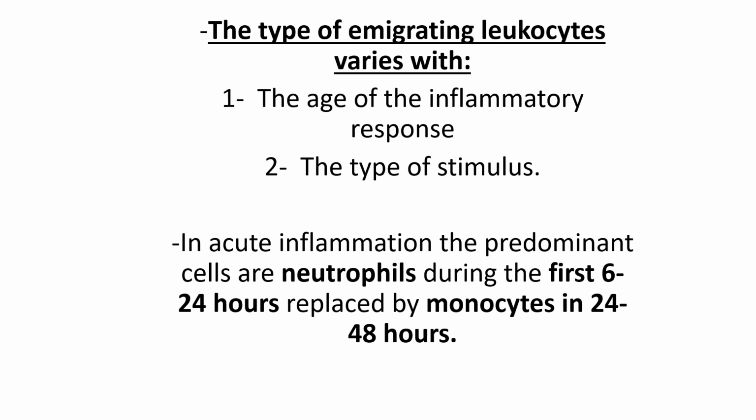In acute inflammation, the main infiltrating cell is the neutrophil, and it predominates in the first 6 to 24 hours, to be replaced by the monocytes or macrophages in 24 to 48 hours.